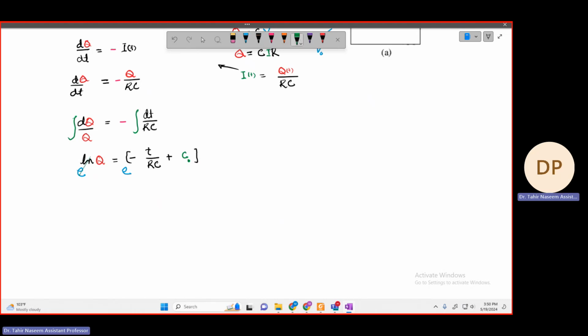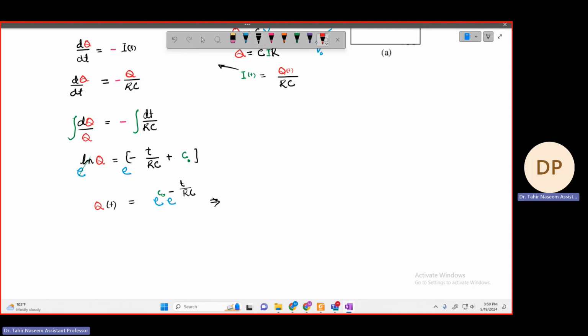So these two cancel out, and I will get q of t is equal to exponential. Using the property of exponential, I can write exponential of minus t over RC, times exponential of c naught. c naught is the constant of integration, I can write like this.